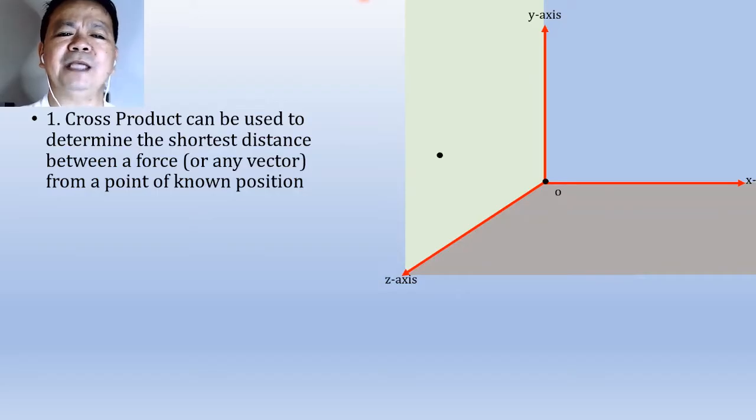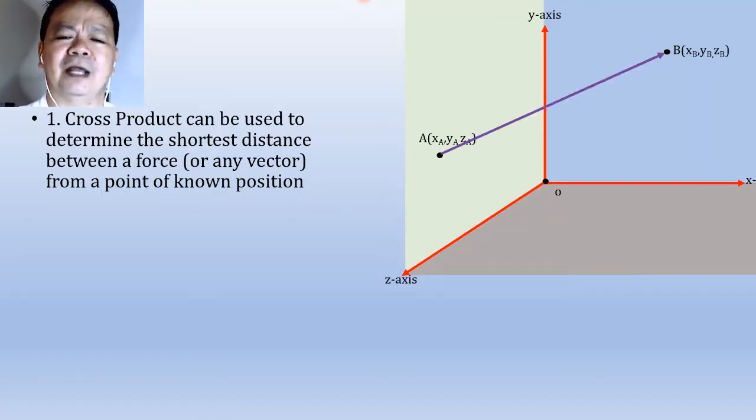And in space, we imagine that there is a point A whose coordinate is given as x sub A, y sub A, z sub A. And there is another point B somewhere here whose coordinate is given as x sub B, y sub B, and z sub B. And from these two points, there is a vector F directed, and the magnitude is given as F sub m.